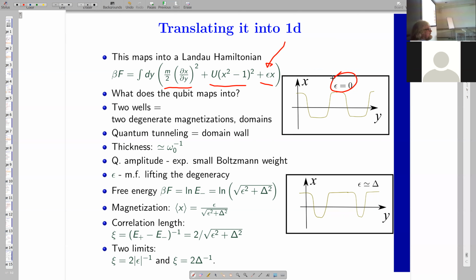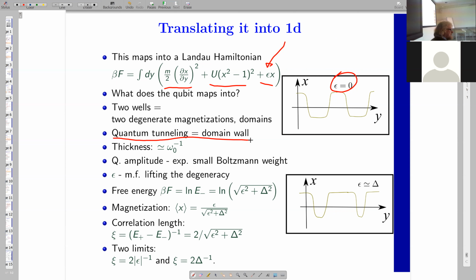What would it be in the qubit picture? Okay, it goes between two levels of magnetization, which corresponds to two wells in this picture. So it corresponds to quantum tunneling in the qubit scheme.